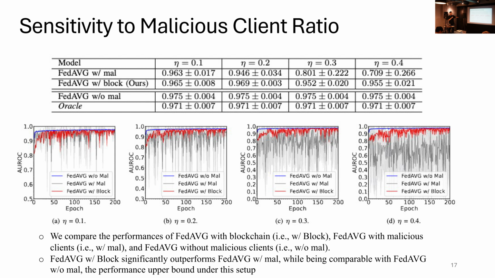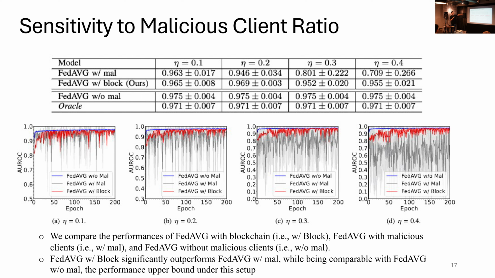Lastly, I think this one is more important to understand: how, in the end, we evaluate our performance results. As we can see, we did 3 different benchmarks. The first one is FedAvg with malicious attack, then FedAvg with blockchain, and then FedAvg without malicious attack. At 10% malicious users, we achieve similar results with all 3 benchmarks.